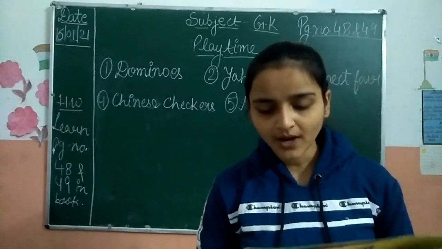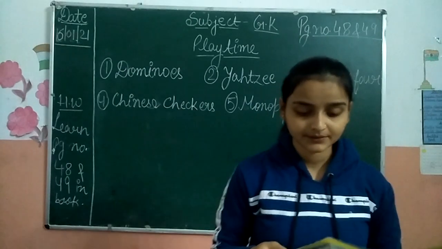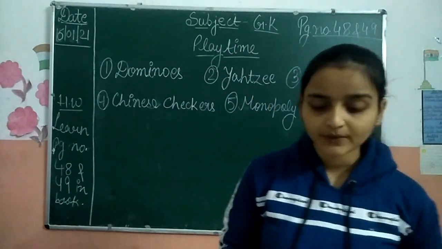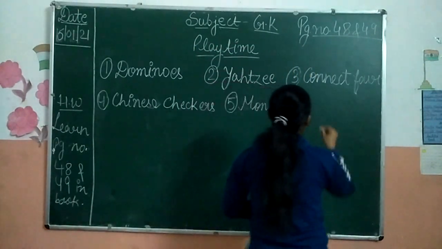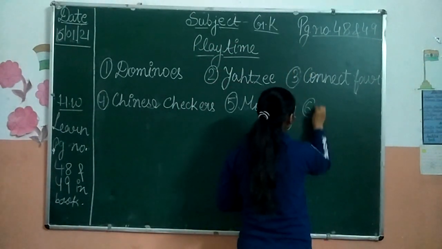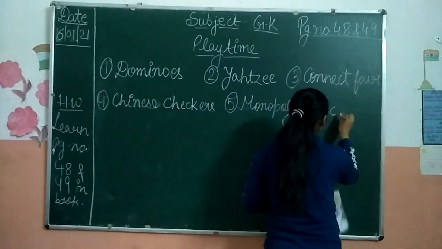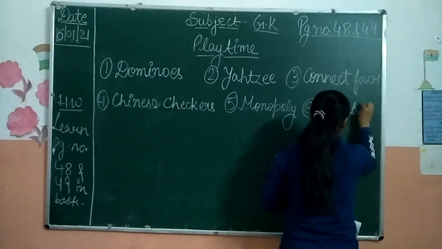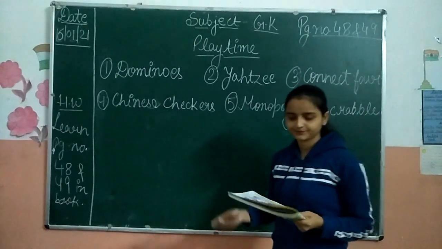In this game you have to make a word, make a spelling. So which game is this? Scrabble. So in sixth number, write it down, Scrabble. Okay.